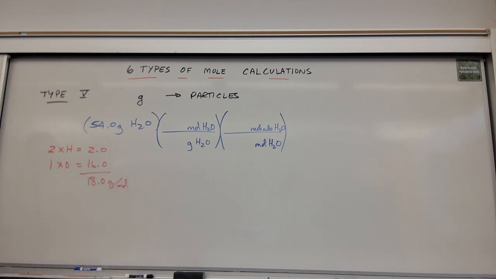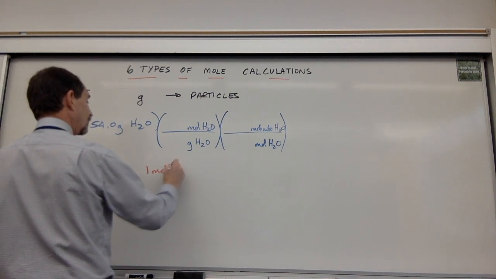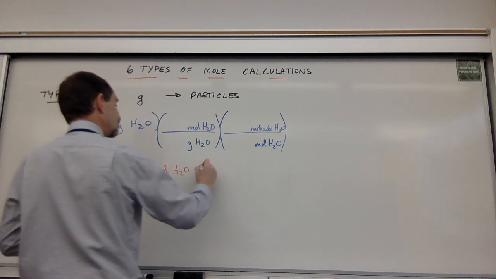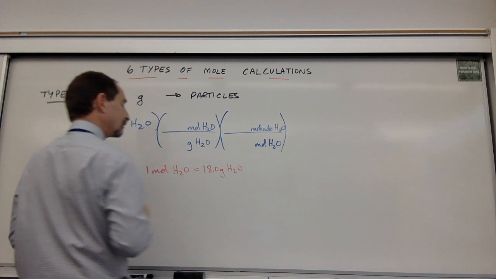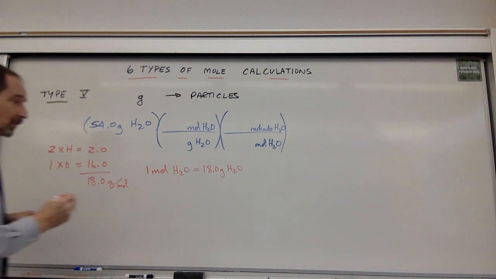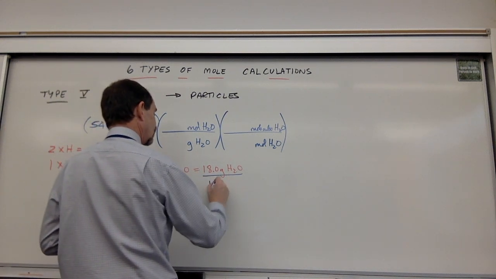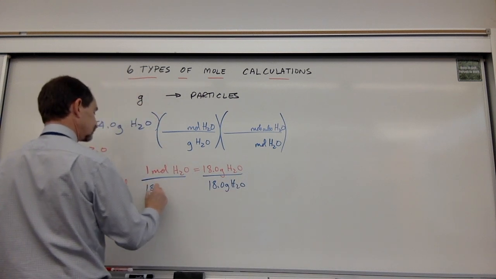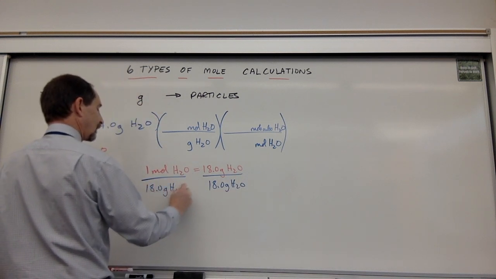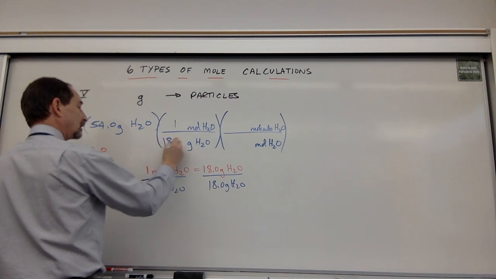That's my unitary rate that I'm going to use. 1 mole of water has a mass of 18.0 grams of water. Divide both sides of the equation by 18 grams of water. And use those numbers. 1, 18.